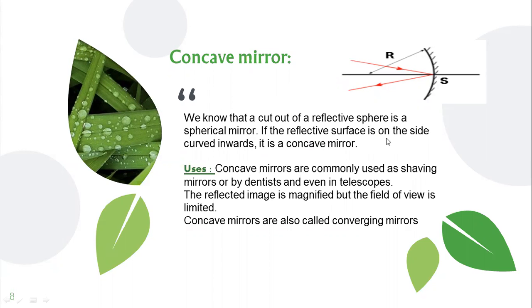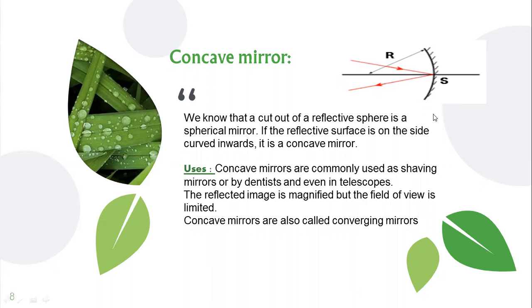If the reflective surface is on the side curved inwards, it is a concave mirror. Concave mirrors are commonly used as shaving mirrors, by dentists, and even in telescopes. The reflected image is magnified, but the field of view is limited. Concave mirrors are also called converging mirrors.